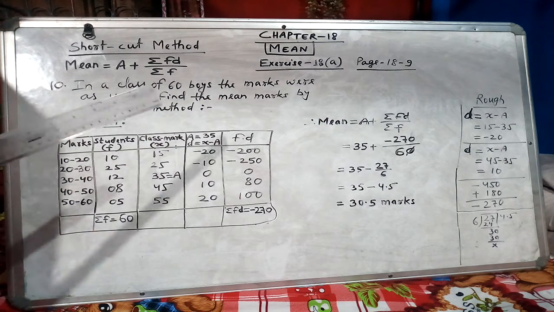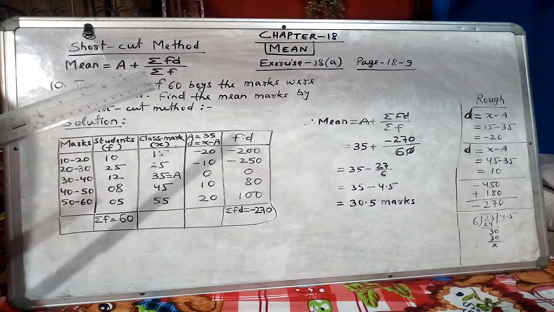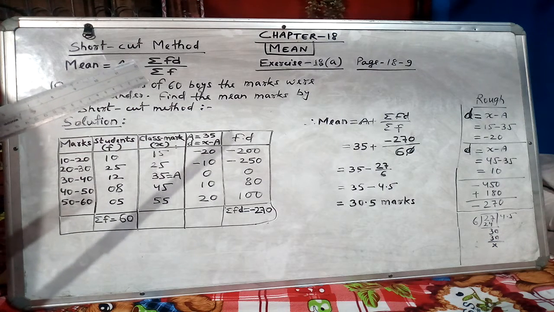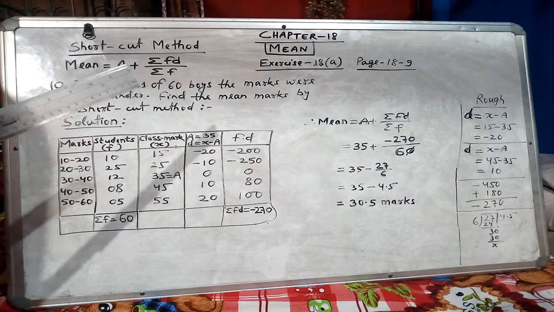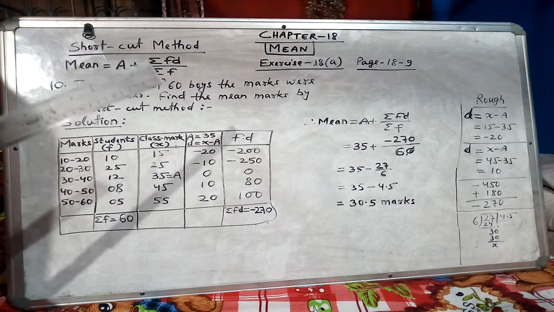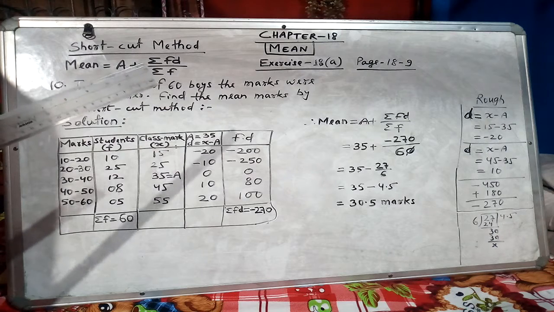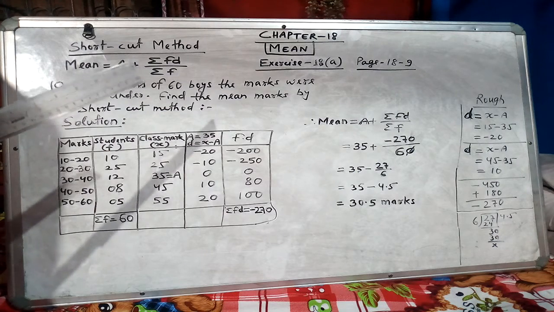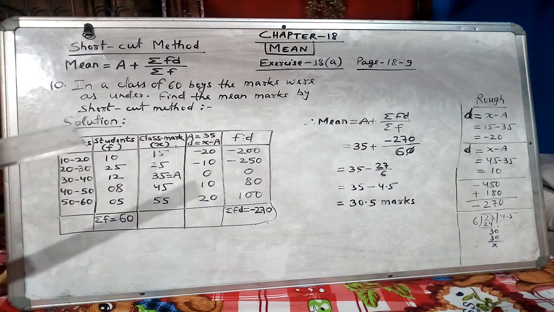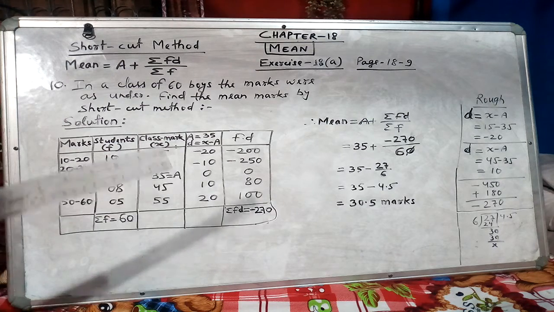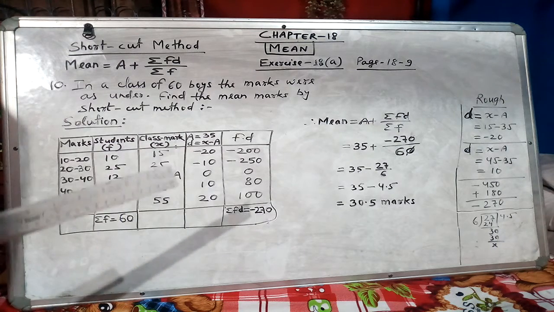Now I want to say one thing. In the examinations they will ask you to find mean by naming a method. So your wish will not work that I will find mean by only one method. If you have such intentions, that is wrong thinking, because they will ask the question naming the method.